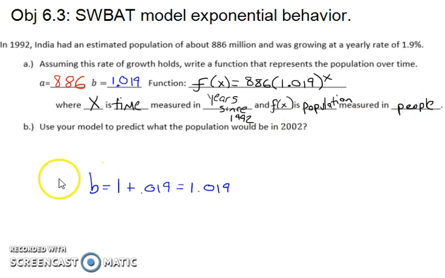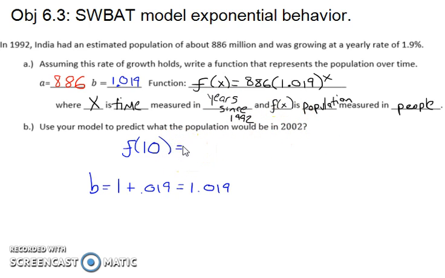The last thing we're doing here is using our model to predict what the population is going to be in 2002. So we've done this before. We've been doing it for a while. We're just going to write f of the time, so f of 10. And hopefully you see why I use 10, because it's years since 1992. 2002 is 10 years since 1992.